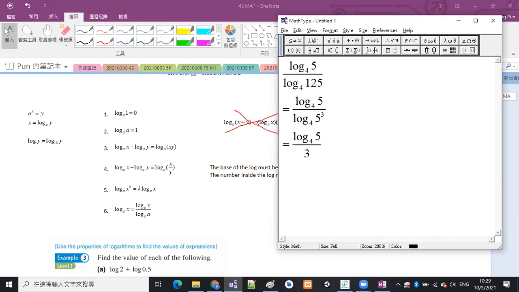It becomes 3 times log 5 base 4. Can you get this? 3 times log 5 base 4.